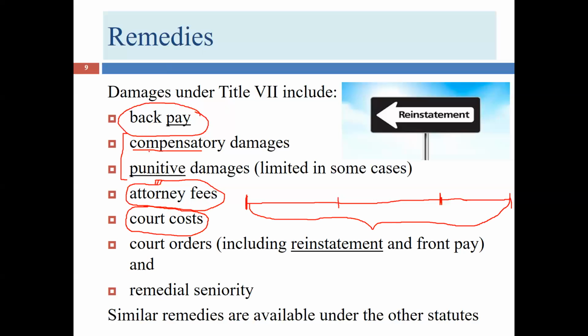But this is a different or additional compensation above that. And this oftentimes goes towards the soft losses that a person might have: the mental anguish, the sleepless nights, the stress, those types of things that happened as a result of the employment action. Those soft numbers, you can't actually do a hard and fast calculation on those, but they're real.